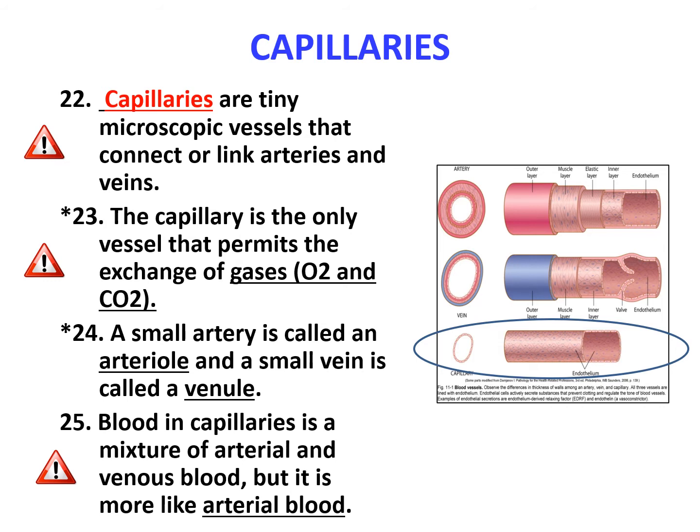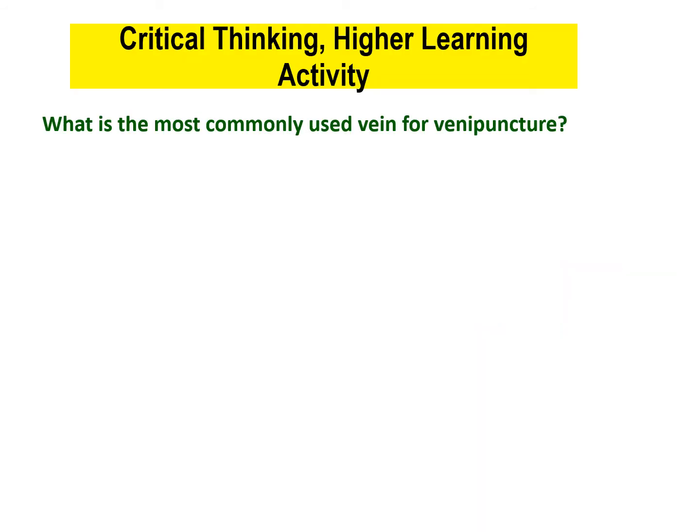So the capillary blood resembles arterial blood in makeup a little more than venous blood, but it is a mixture of the two, and I always compare it to brackish water. When freshwater lakes, rivers or streams run into the ocean, that area in between is not really fresh water any longer, but it's not quite ocean water either. It's brackish water. That's what you see with this capillary blood.